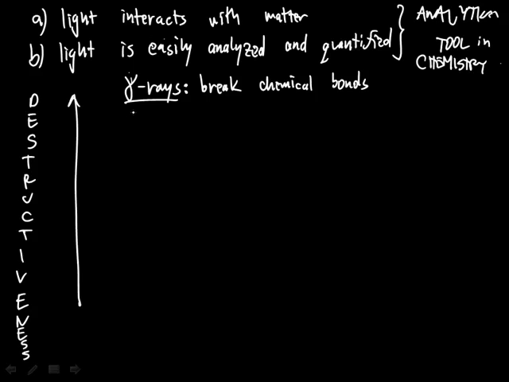Okay. Following gamma rays are X-rays, and they're slightly lower in energy, but still very high in terms of chemical changes. What they do is excite 1s electrons with very large energy.